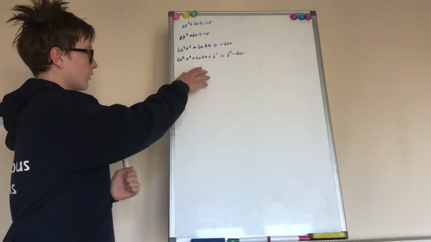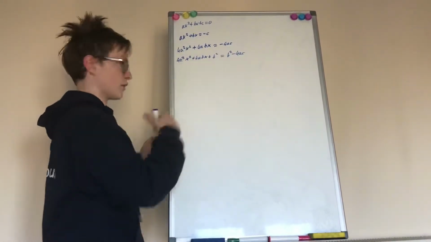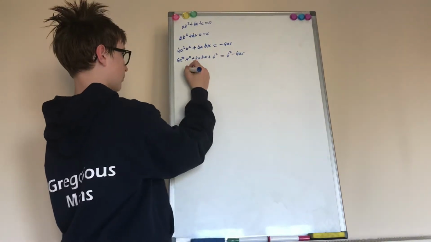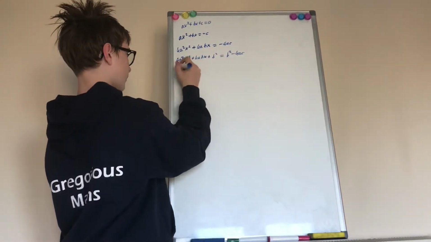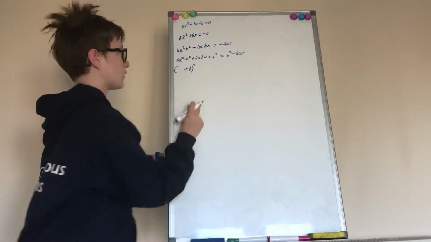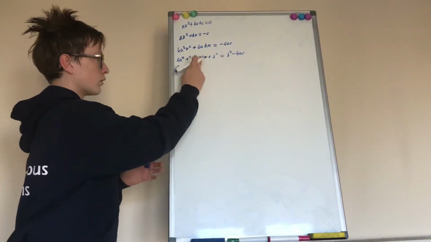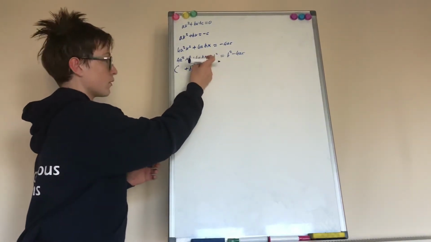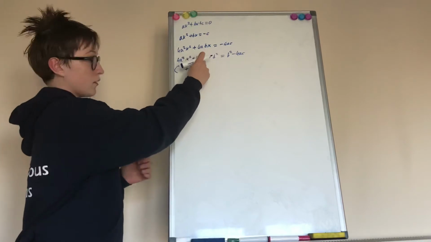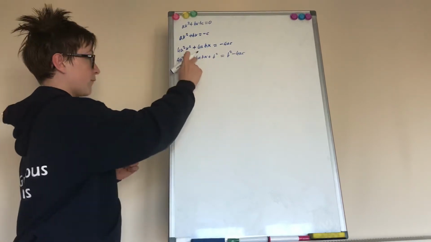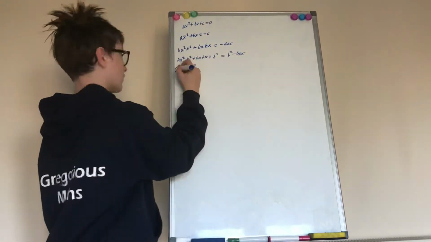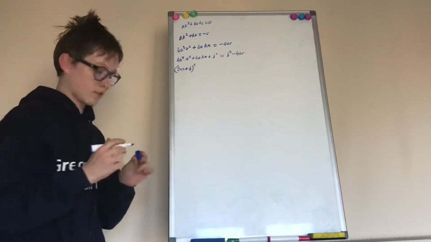Why? Well, here we have b squared, so it's going to be plus b, all squared. Now, this part is the 2ab. b is b. The 2a must be 2ax. So actually this is 2ax plus b all squared.